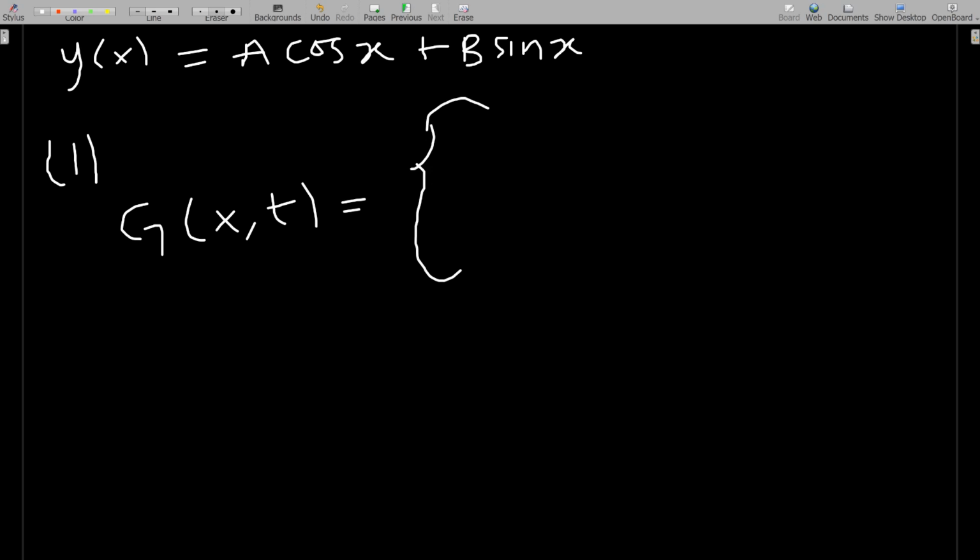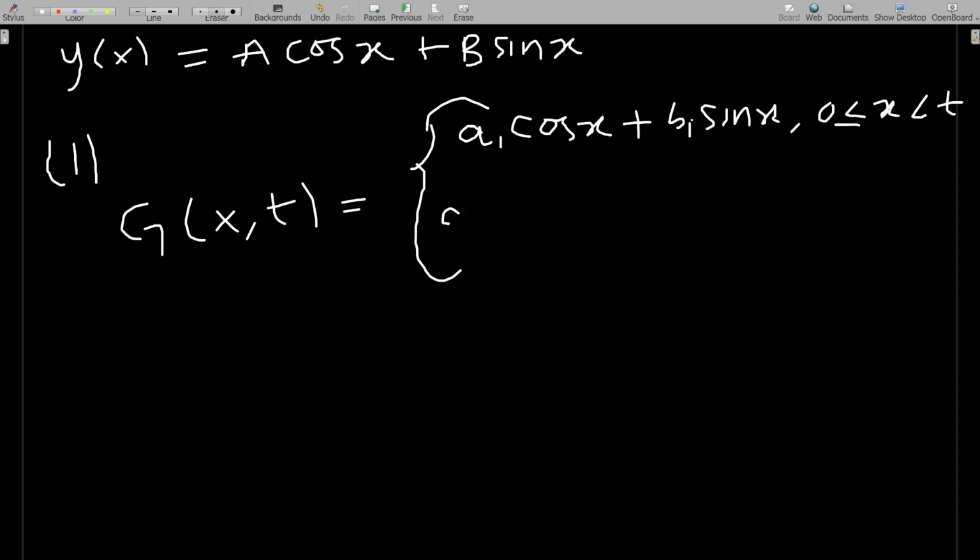So g1 of x,t should be a constant times cos, so let me use small a1 cos x plus small b1 sine x, and the range here is 0 less than or equal to x less than t.